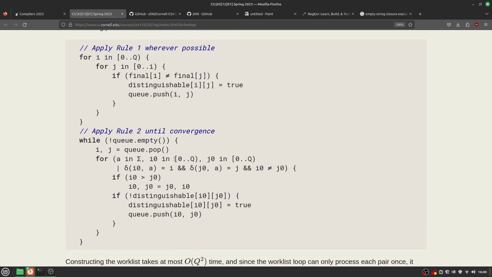While the queue is not empty, read from it.